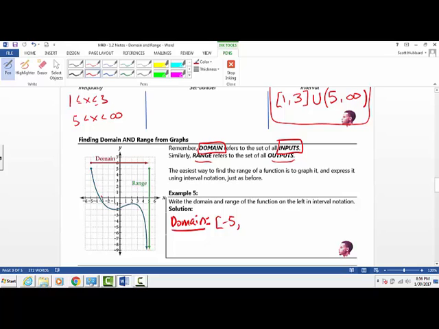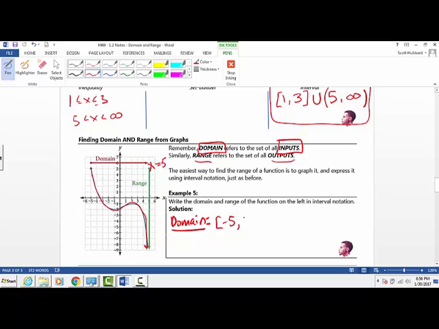Well, if we keep on following it, put our finger on the graph, where does it go? It looks like it goes up until this vertical line here, and this vertical line is at x equals 5. So it looks like this goes until 5, and it's going to kind of stop. It can't get past x equals 5.